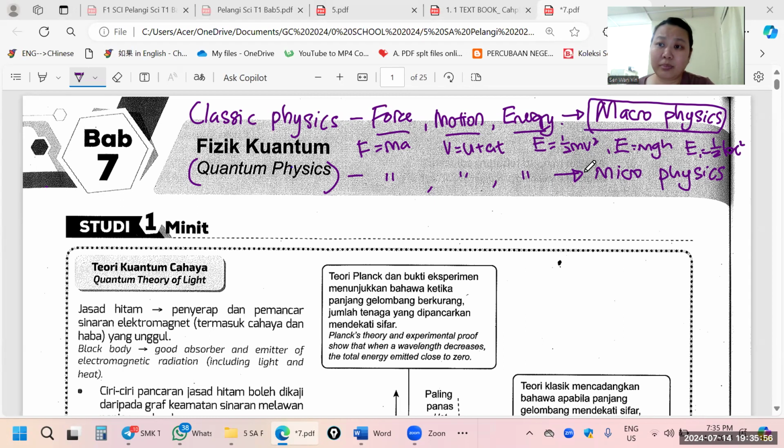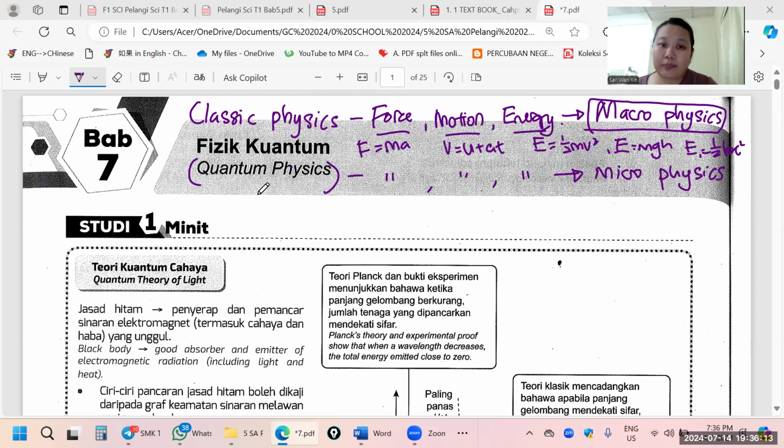Why not applicable? The data from the experiment and the data from the formula are totally different. So here comes the new world, quantum physics.